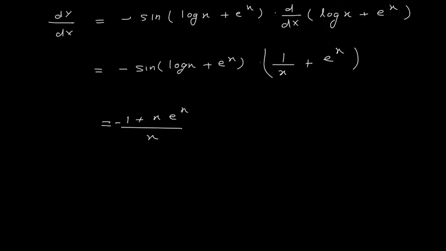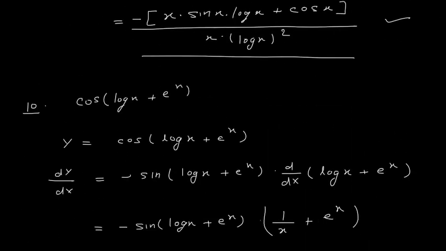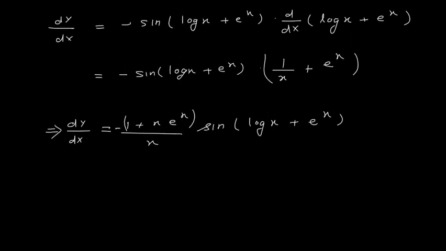Yes, I will use minus sign here, and then we have sine of log x plus e power x. This is dy upon dx. Done. Dy upon dx is minus of 1 plus x e power x upon x into sine of log x plus e power x. Okay. So this is your 10th problem.